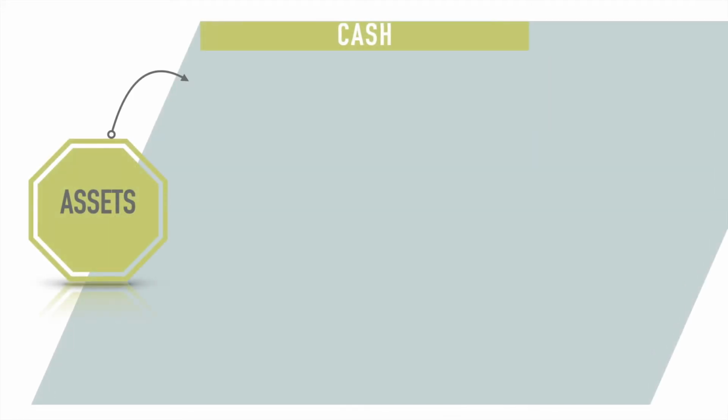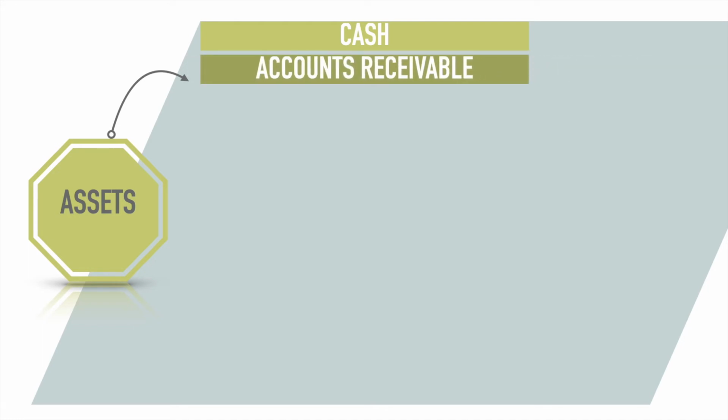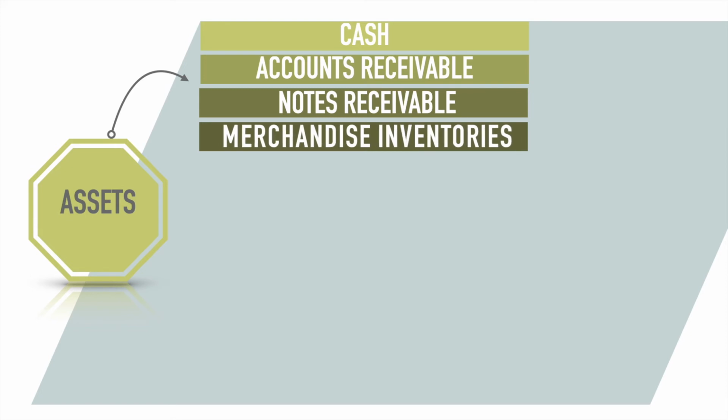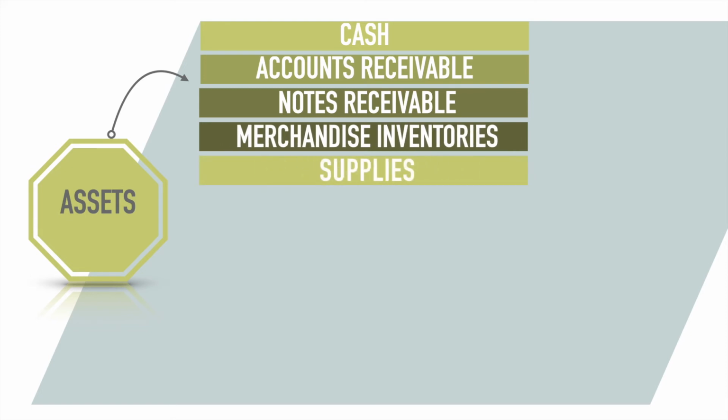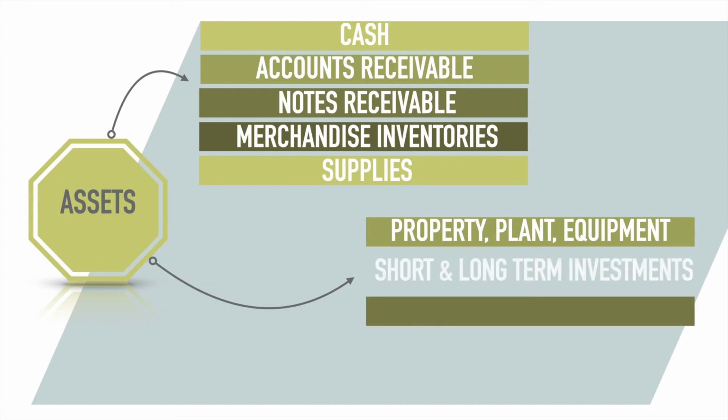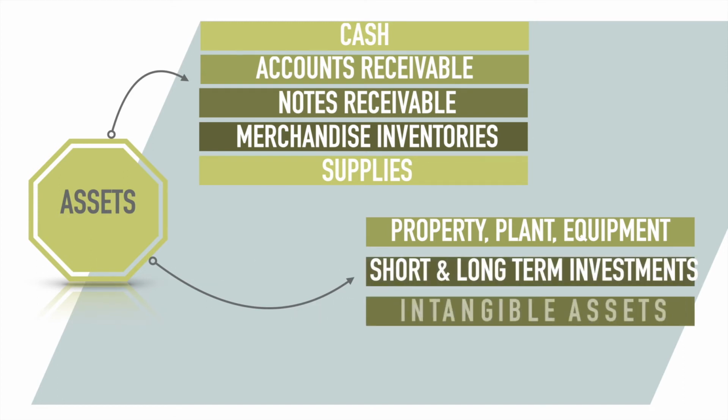So for our assets, ayun na nga, uulitin natin, these are cash, accounts receivable, notes receivable, merchandise inventories, supplies. It also includes property, plant, and equipment, short-term and long-term investments, and intangible assets. Ngayon, mas kikilalanin pa natin sila isa-isa.